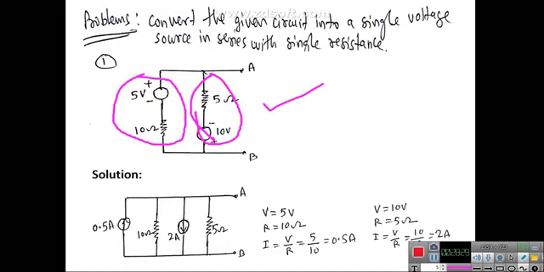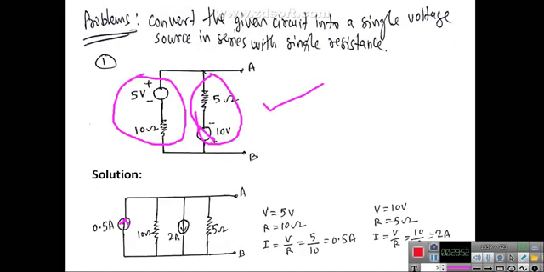The magnitude of the current is 0.5 and its direction is upward, because the polarity of the source decides the direction of the current. This resistance will be connected in parallel.